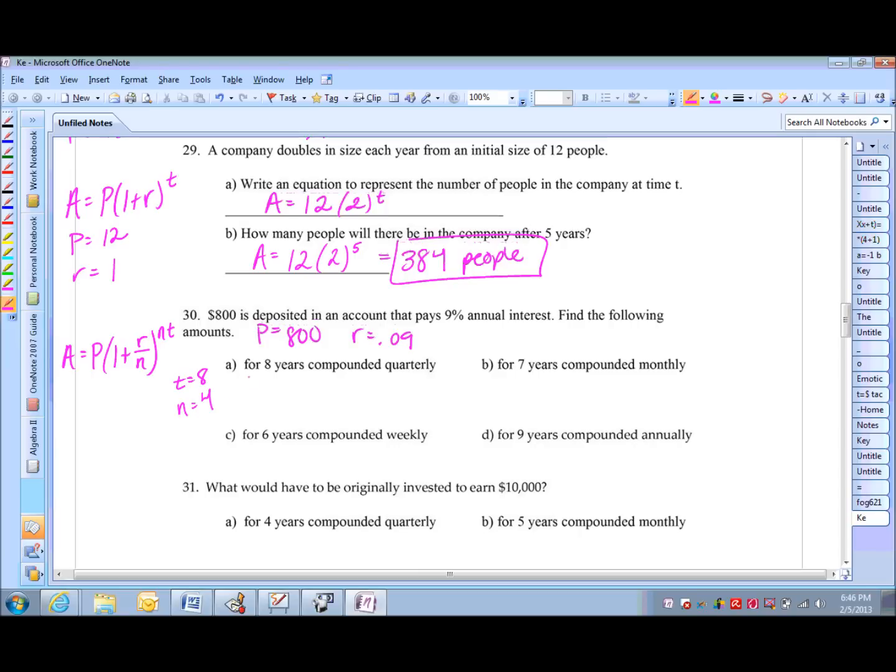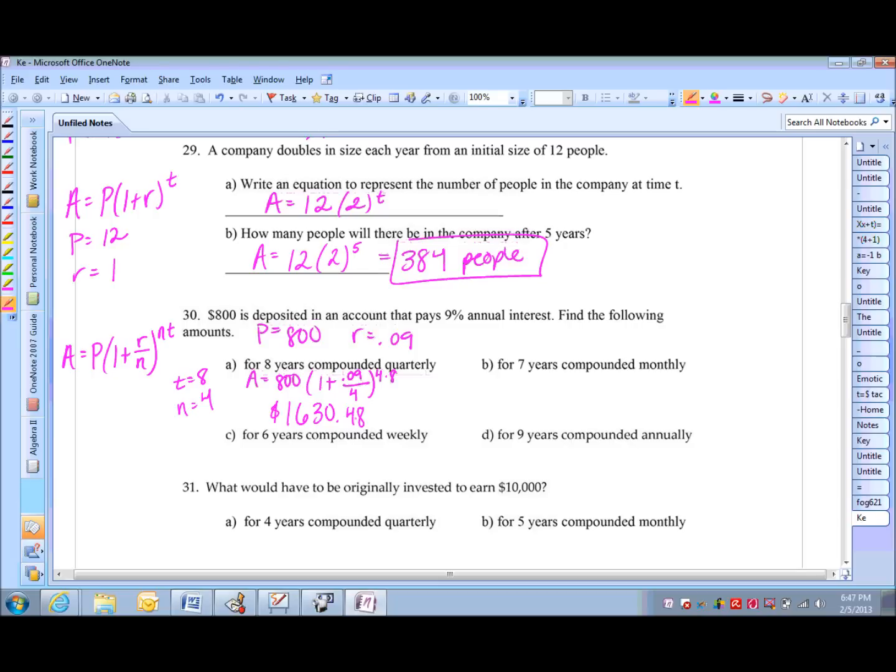So when we plug in, we get A equals the initial amount, $800, times 1 plus the rate, 0.09, over N, 4, raised to the N times T, which in this case is 4 times 8. When you type that into your calculator, you end up getting $1,630.48.